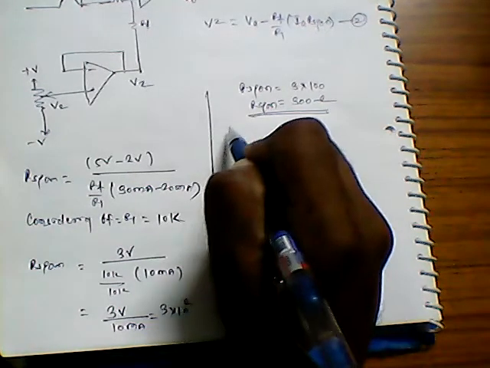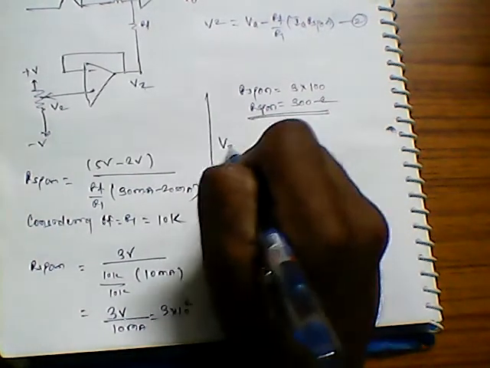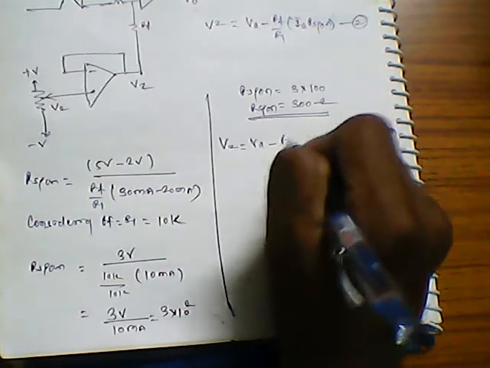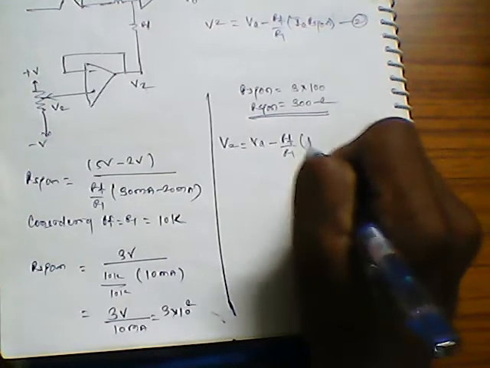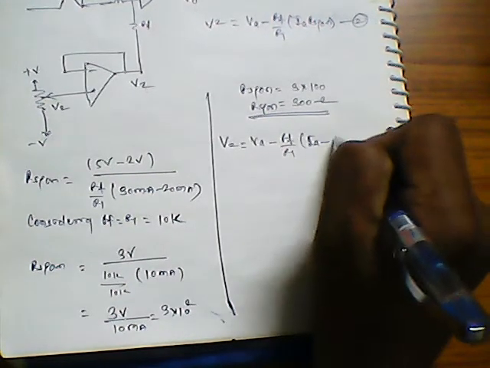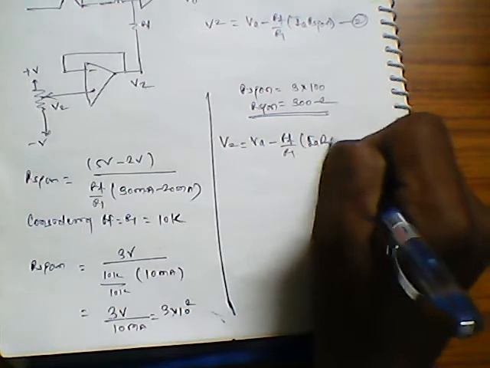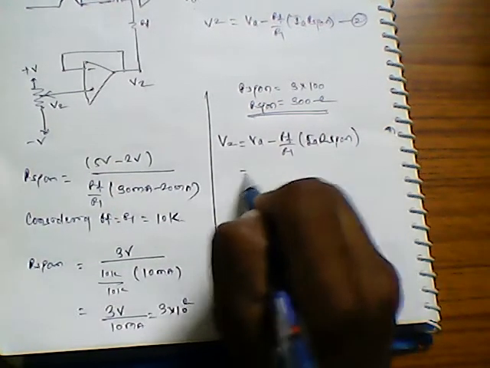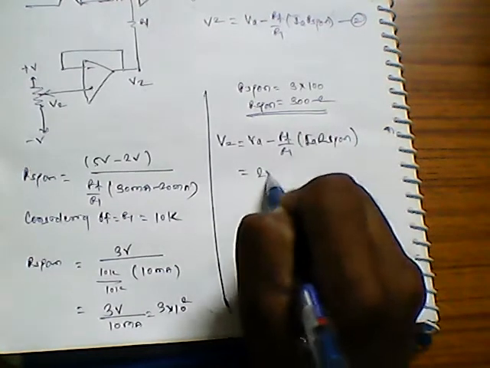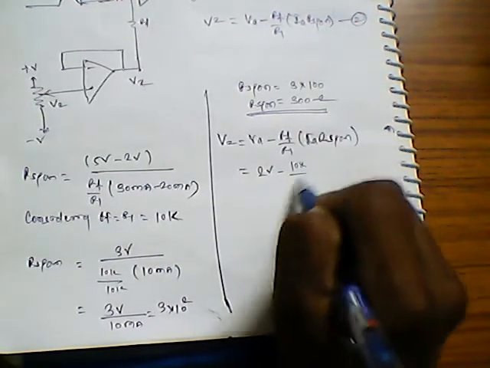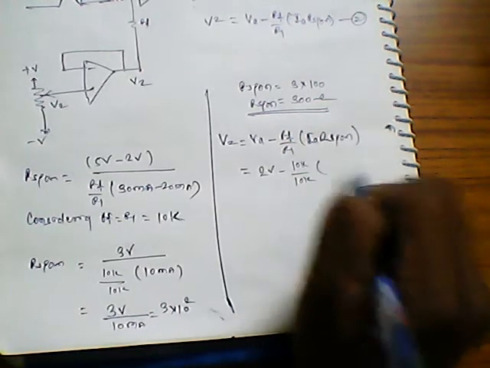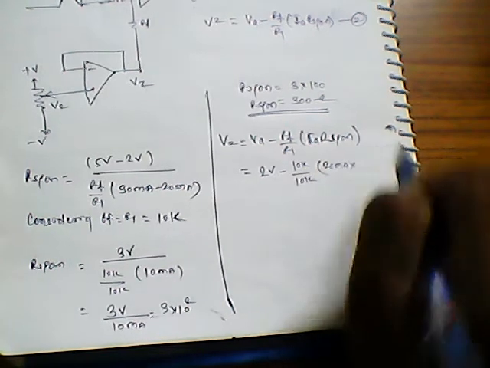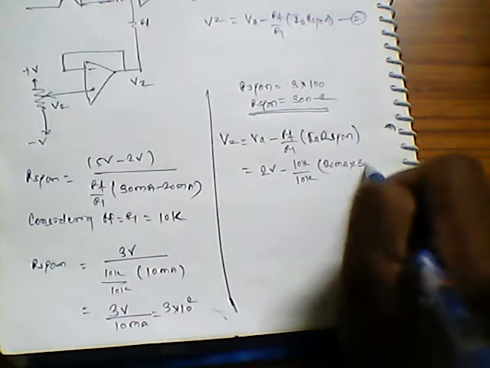In second, Vz is equal to Va minus Rf by R1 into bracket Ia into R span. This is the second equation. So Va we are aware about, that is 2 volt, Rf 10k divided by 10k, Ia is 20 milliamps multiplied by R span we have calculated, 300 ohm.